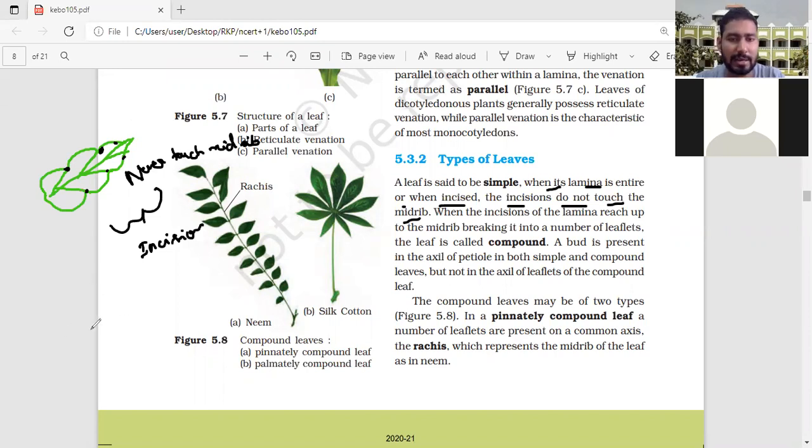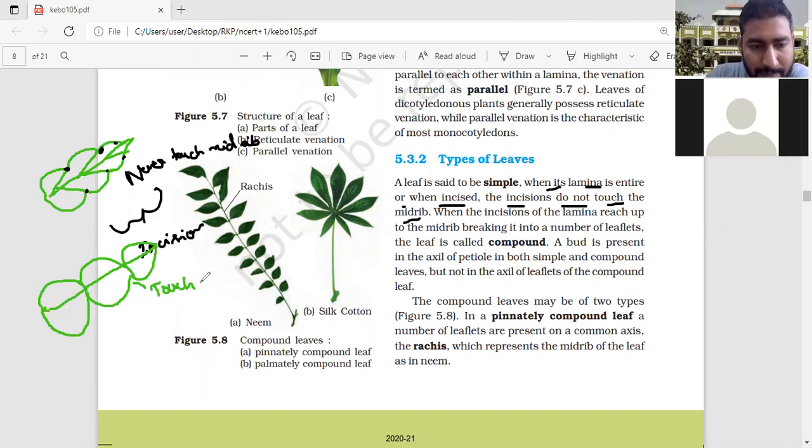Another condition. Suppose that this is the leaf. Now you can see this incision is going and touching the midrib.